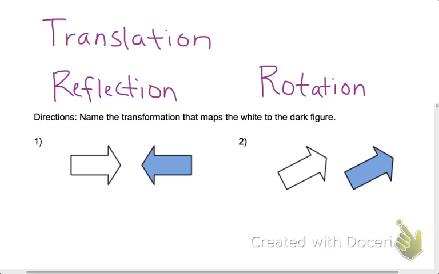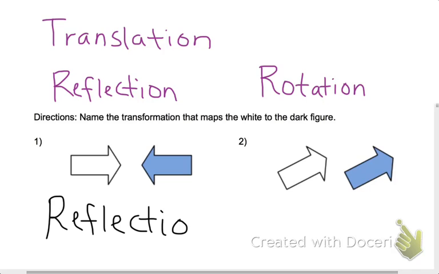So if we look at number 1, it says name the transformation. Number 1, that one is going to flip. Think of flipping that white arrow over to the blue arrow. So that would be a flip, would be a reflection. Number 2. That one is actually sliding.